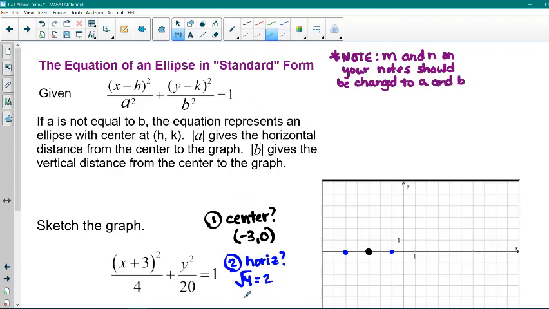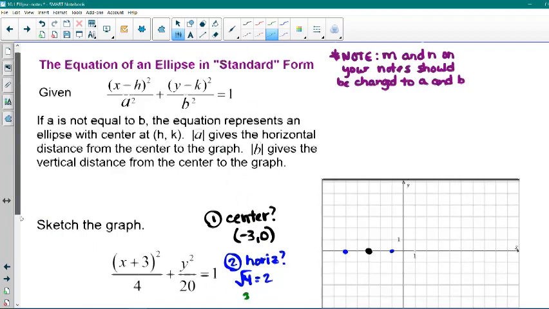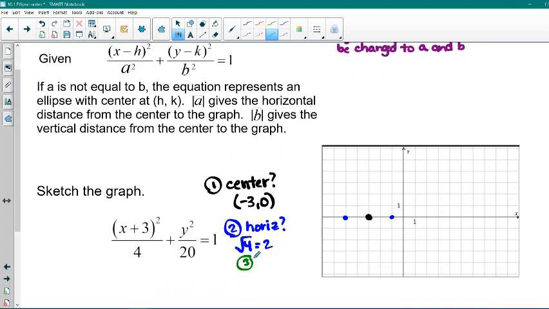We will now consider how far to go out vertically. We look at the term underneath the y squared term, and that's 20. The square root of 20 is 2 times the square root of 5.